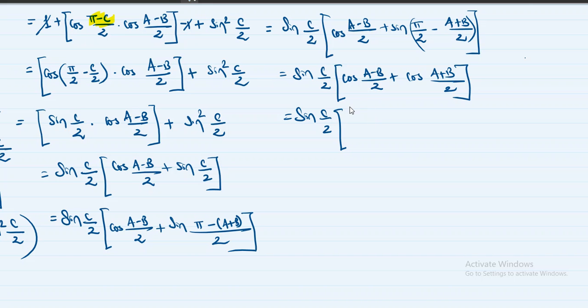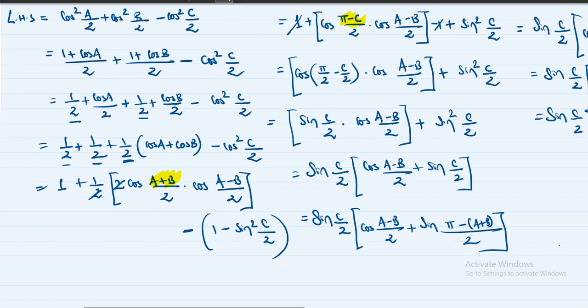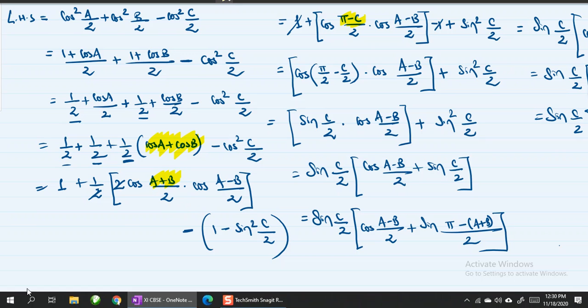So we'll use the formula of cos C plus cos D. Now we have used the formula of cos C plus cos D earlier also. Let me just show you. See, cos C plus cos D, that is 2 cos (C plus D) by 2 cos (C minus D) by 2.